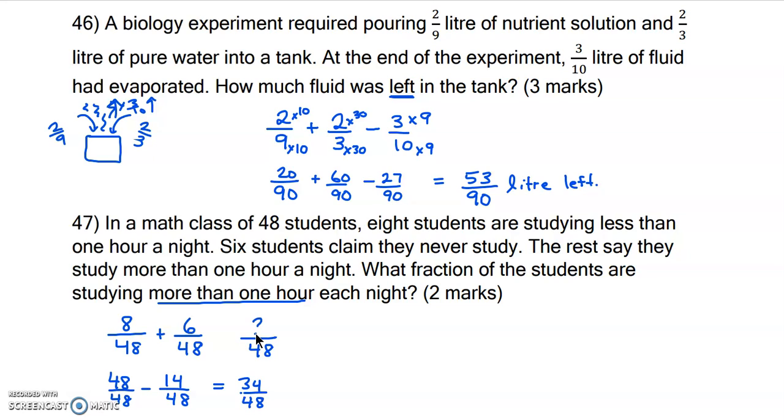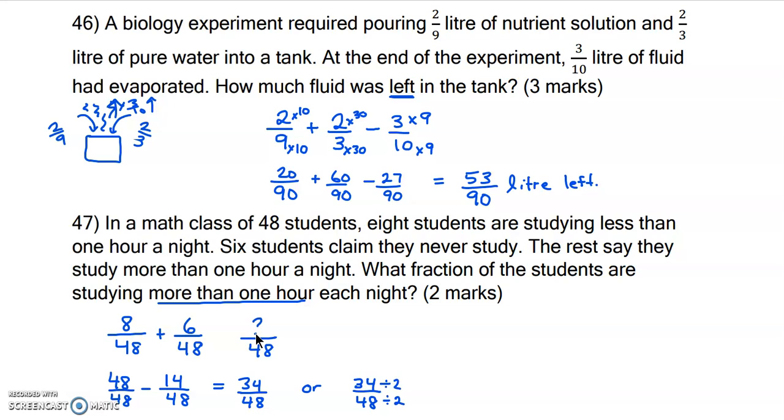Now I took 2 different answers for this question. So the question says, what fraction of the students are studying more than 1 hour each night? 34 48ths I accepted because 34 of the 48 are studying quite a bit. But I also accepted the lowest terms because you can divide both of these numbers by 2.